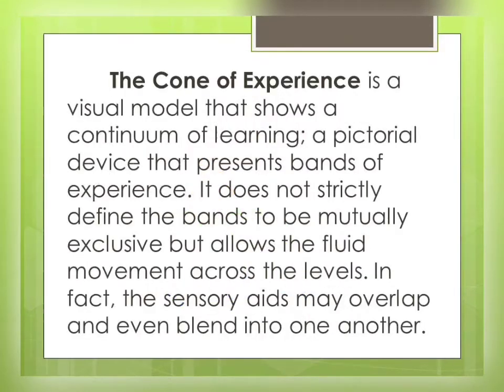The cone of experience is a visual model that shows a continuum of learning, a pictorial device that represents bands of experience. It does not strictly define the bands to be mutually exclusive but allows the fluid movement across the levels. In fact, the sensory aids may overlap and even blend into one another.